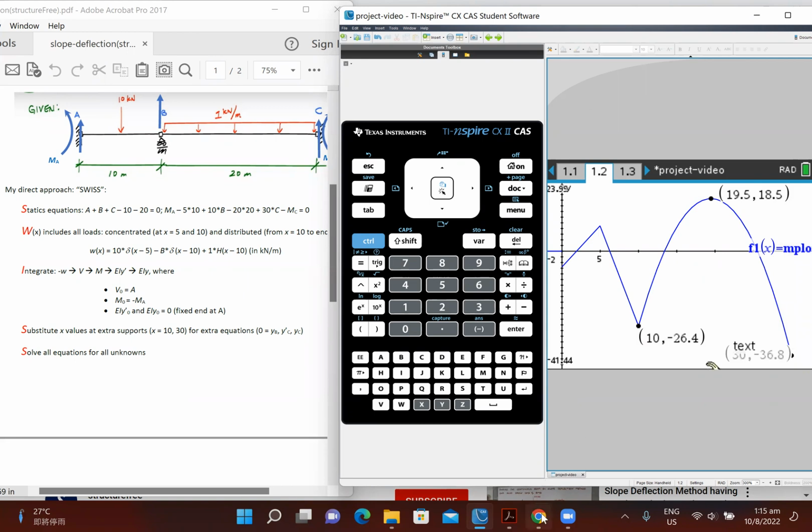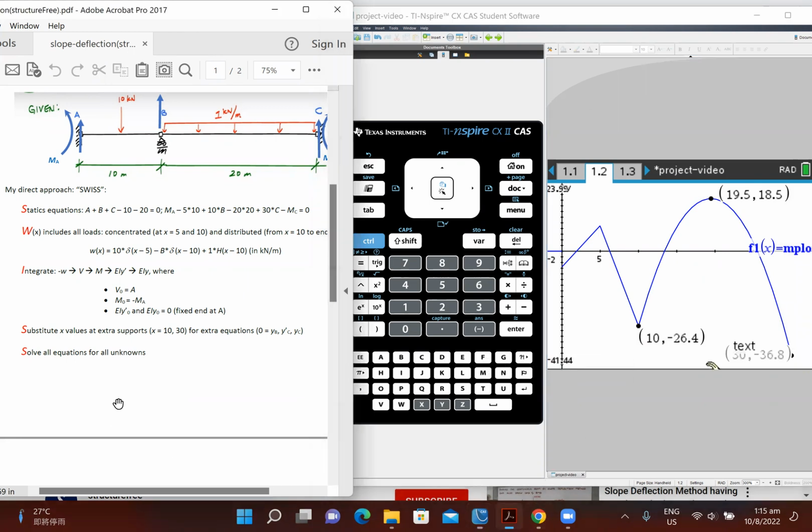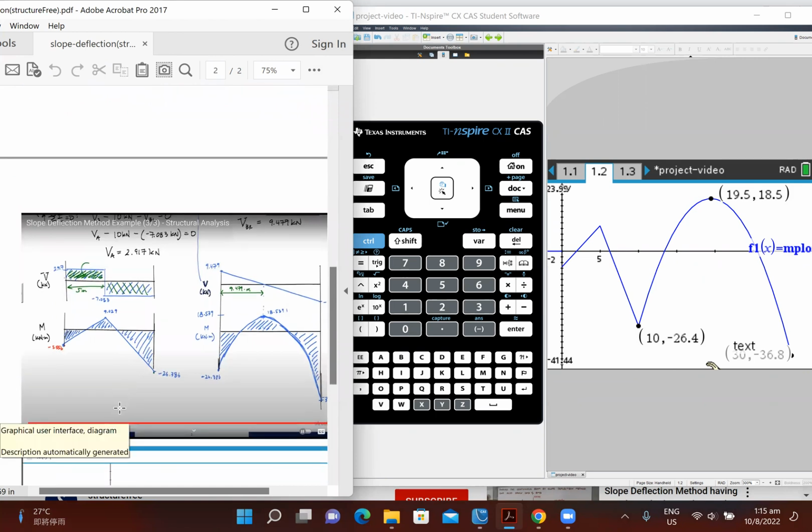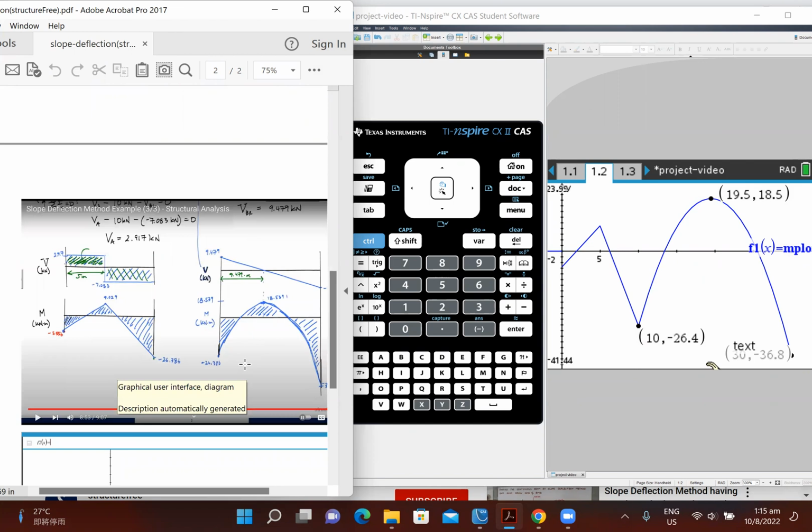And let's compare it to the results obtained in the video or the original author's results of this problem. So we can see they're identical. Minus 26.4. Here he has minus 26.386, which is the same thing.